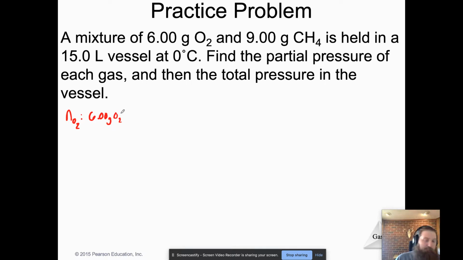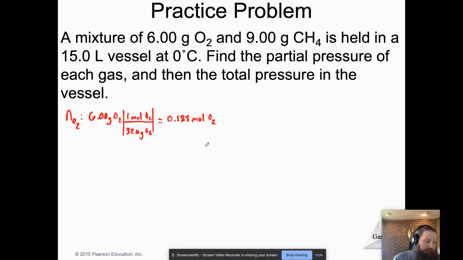I'm going to convert that into moles. I know that O2 is about 32.0 grams in a mole of O2. When I do my math, I'm going to get 0.188 moles of O2.